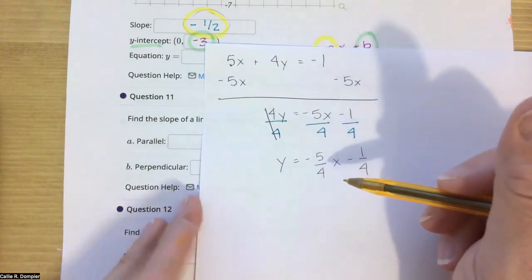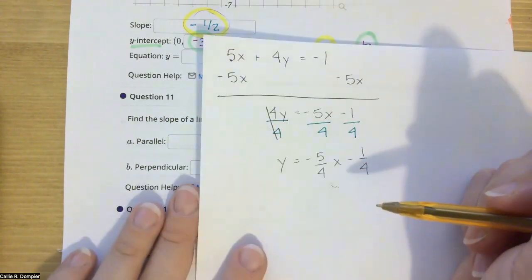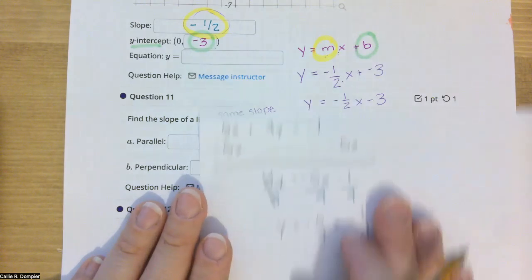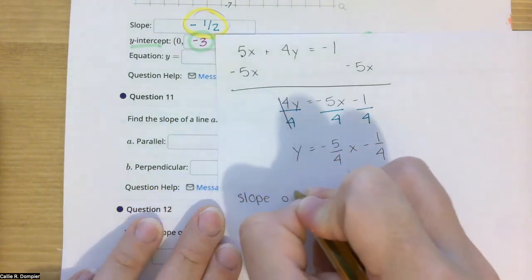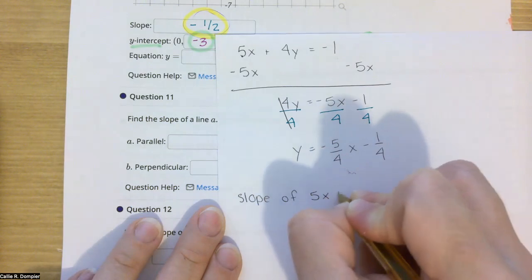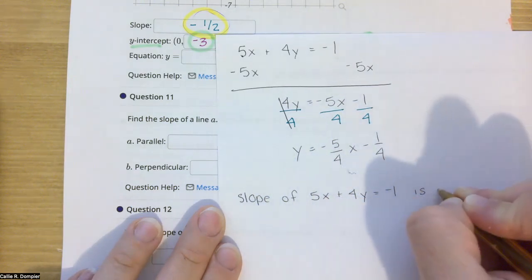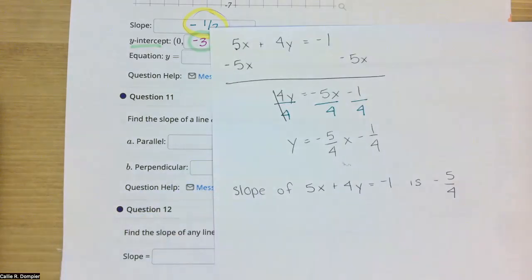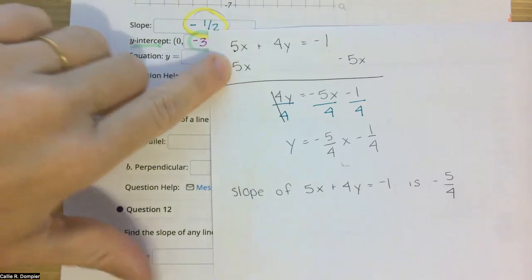All they're asking you to do is find the parallel slope, the same slope, and the negative reciprocal slope. So the slope of 5x plus 4y equals -1 is -5/4. Let's check that, because that's what I've just decided by doing this math.